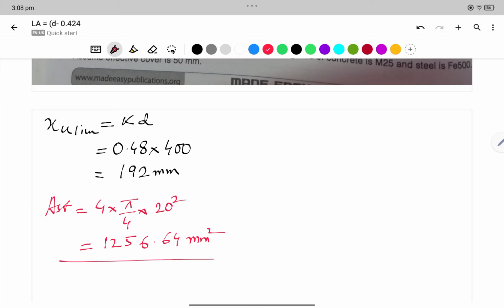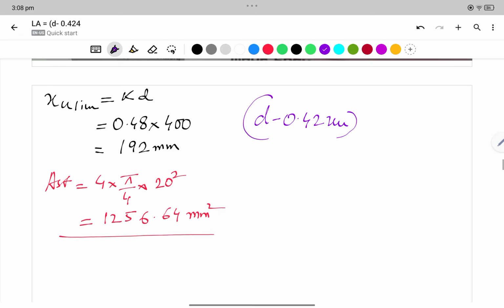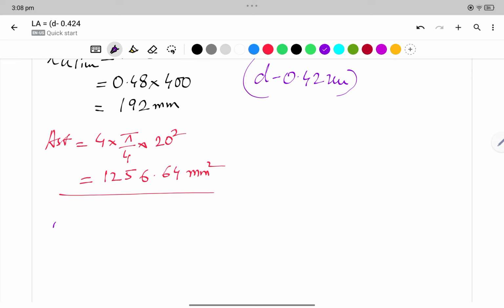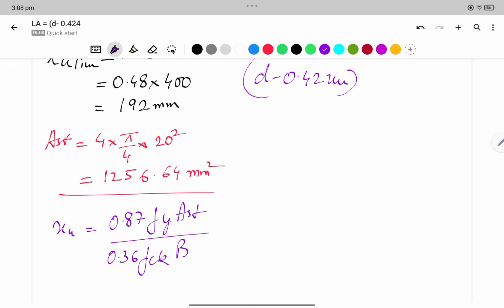Now d minus 0.42 XU. We have to calculate XU, which is 0.87 Fy Ast divided by 0.36 fck into b.